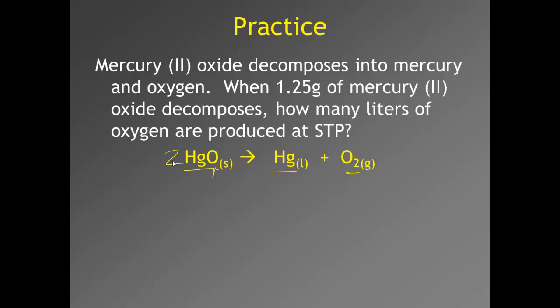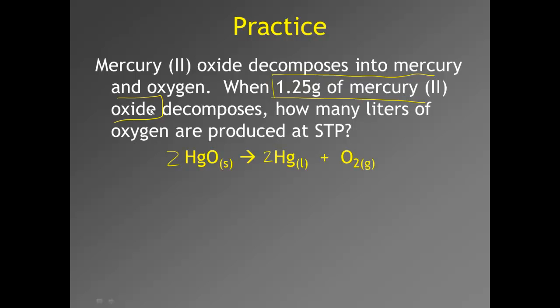Since I have 2 oxygens on the product side, I need to make 2 on the reactant side. That gives me 2 Hgs, and then here is 2 Hg. So I'm just going to clean this up and write it out again, 2 and 2. If I interpret my problem, I'm given 1.25 grams of mercury 2 oxide. Now, you don't have to be an expert at naming.